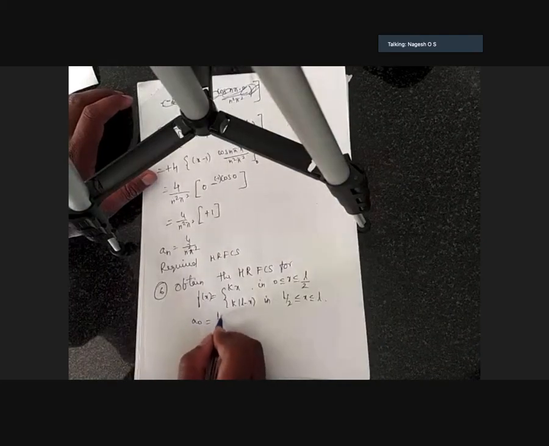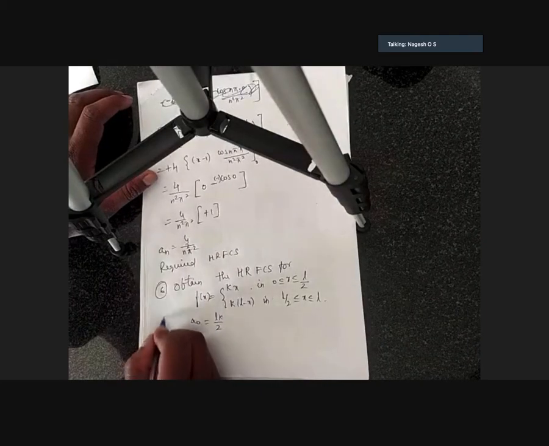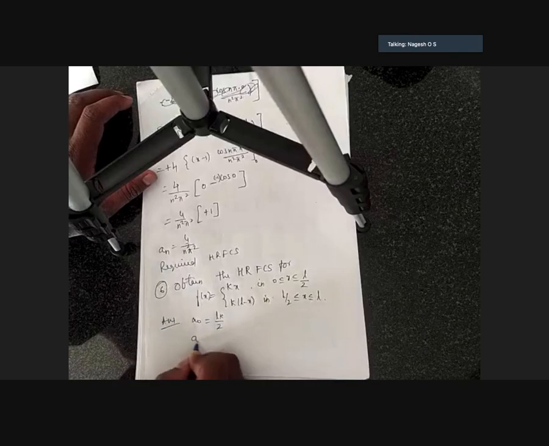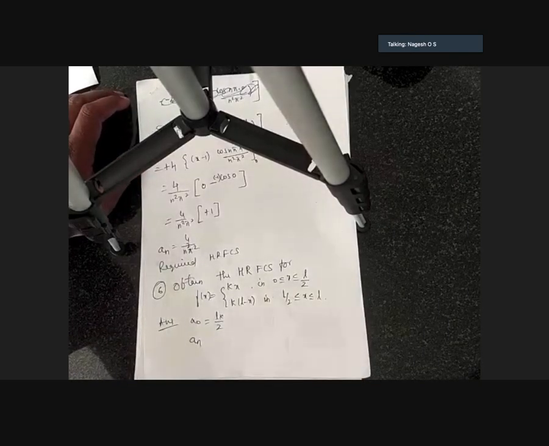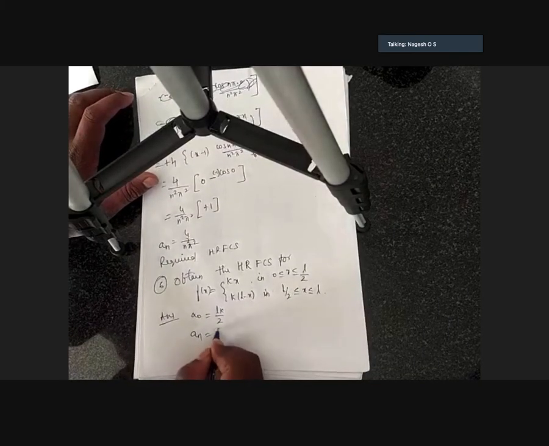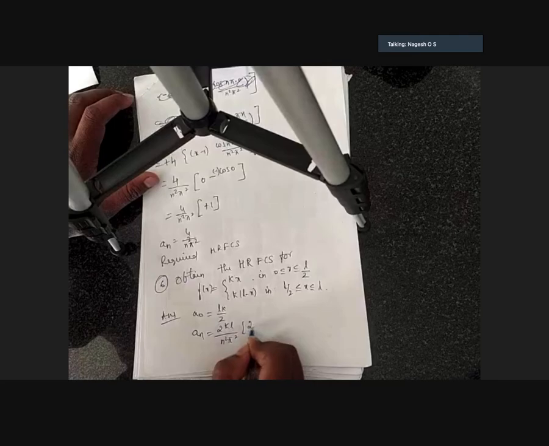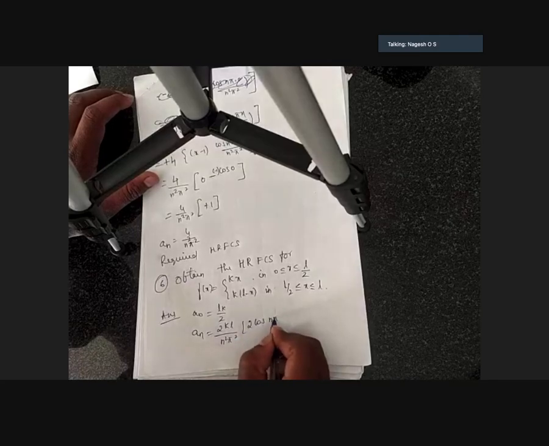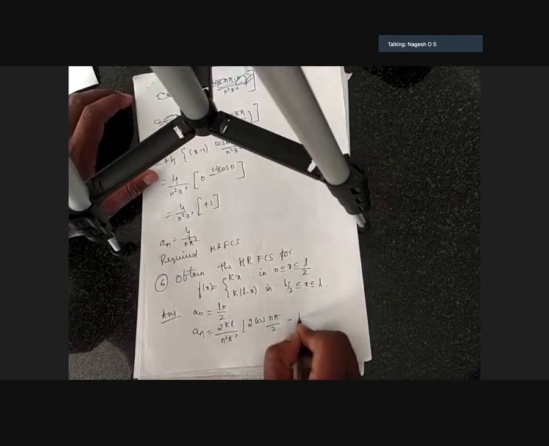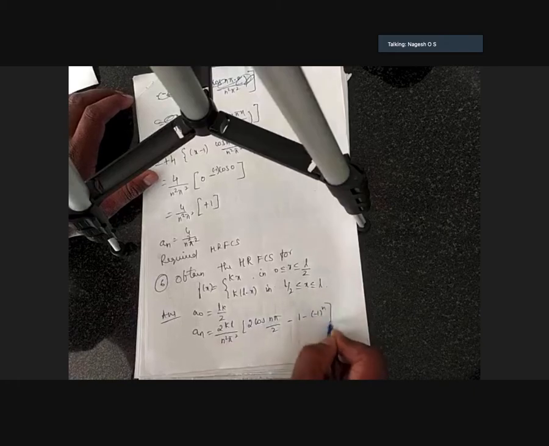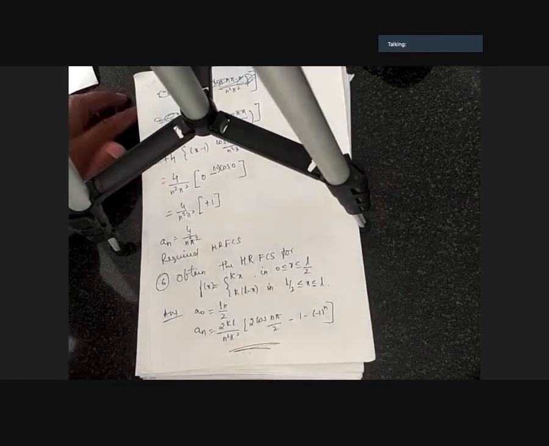I will write the answer. A naught equal to Lk by 2, and An equal to 2kL by n square pi square into 2 cos n pi by 2 minus 1 minus minus 1 power n. This is the answer.